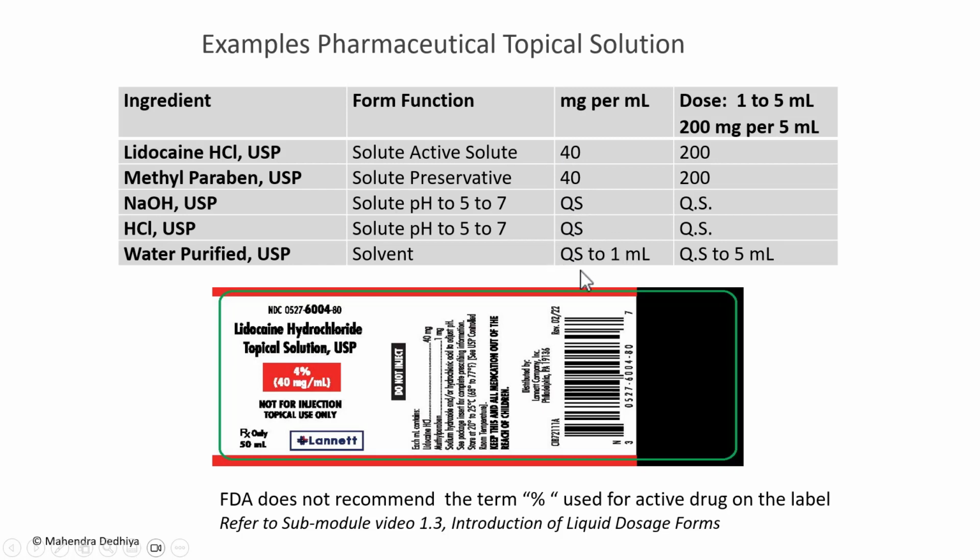Water is QS to 1 ml. Per dose can range from 1 to 5 ml for this topical solution. That means the maximum dose is 200 milligram per 5 ml. So the composition table will include that information: 200 milligram of lidocaine hydrochloride, 200 milligram of propylparaben USP, and quantity sufficient of sodium hydroxide and HCl, and total volume is 5 milliliter.